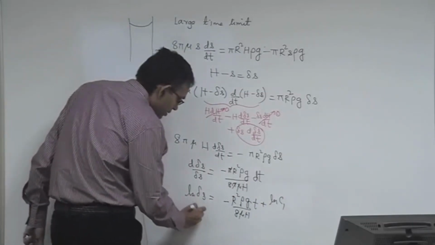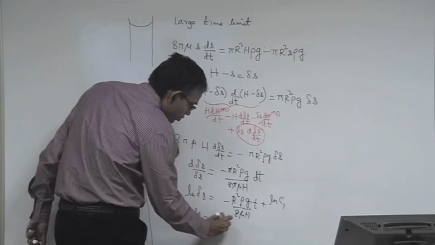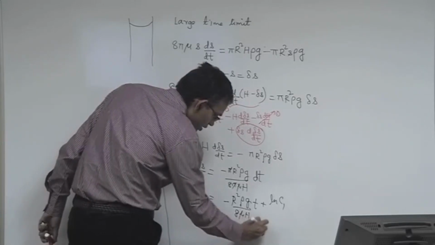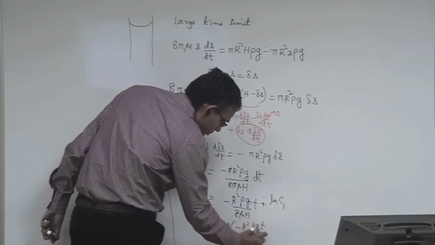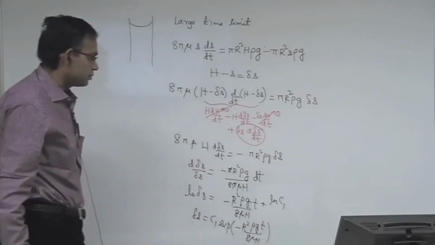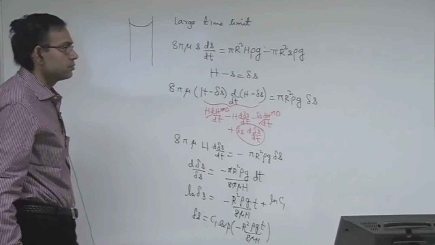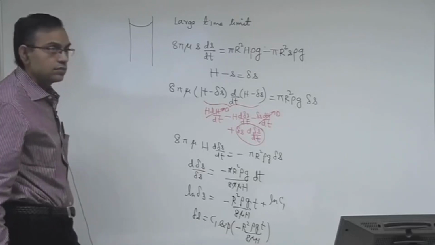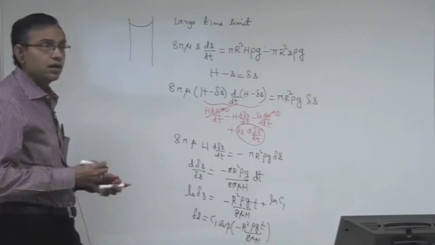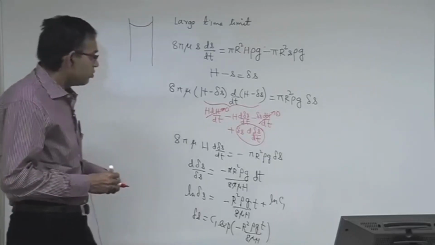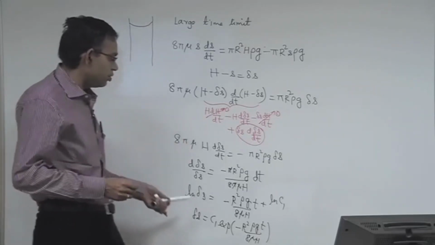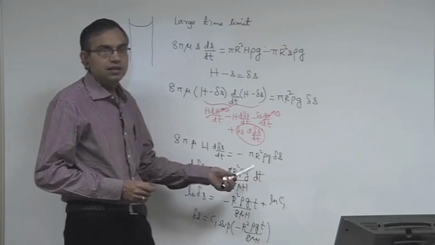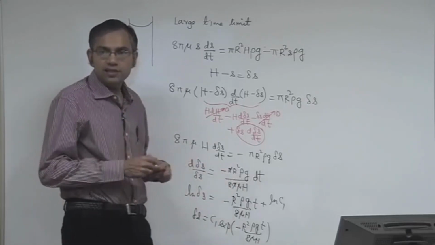So delta S is equal to c1 into e to the power minus r square rho g t by 8 mu H. Once you know delta S you can find out H minus delta S, that is equal to S.